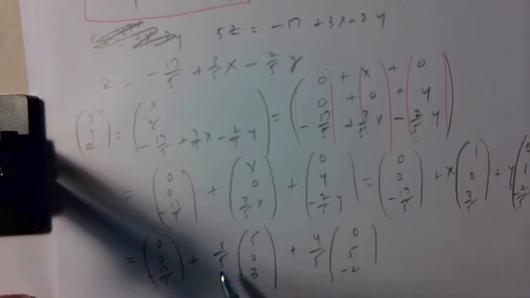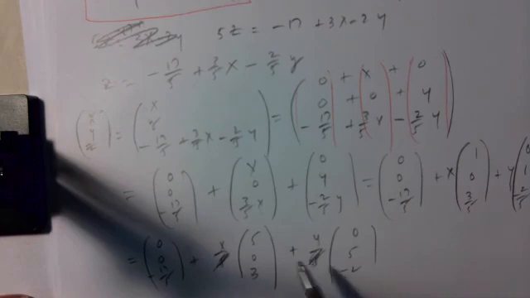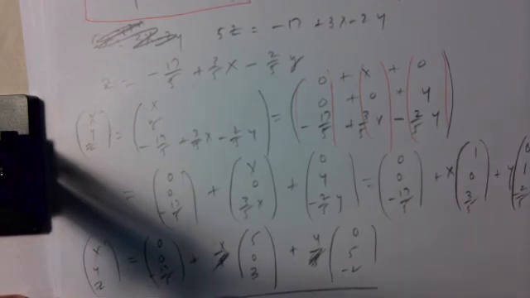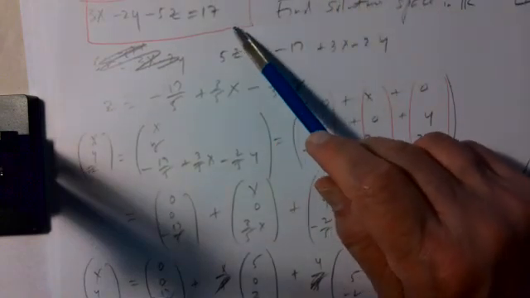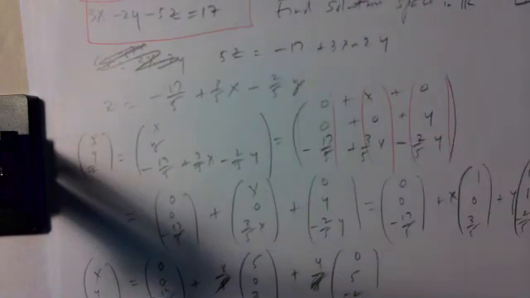And x and y could be anything, so one way to express the solution space is like this. The set of all solutions of this linear equation in 3 variables is all vectors of the form, this vector plus any scalar multiple of this plus any other scalar multiple of this. That is the solution space.